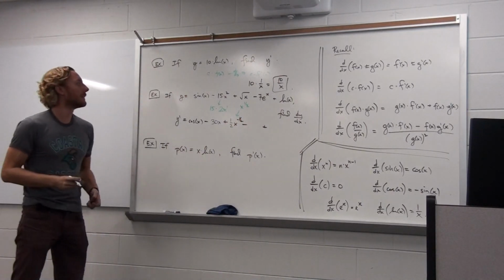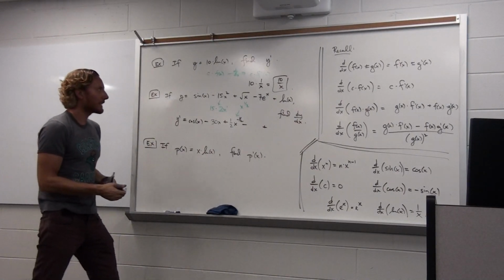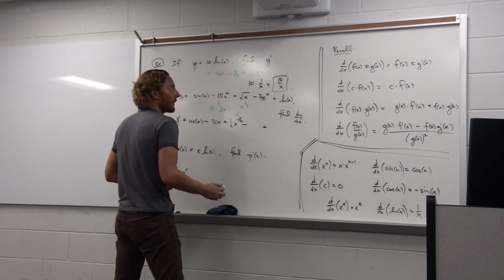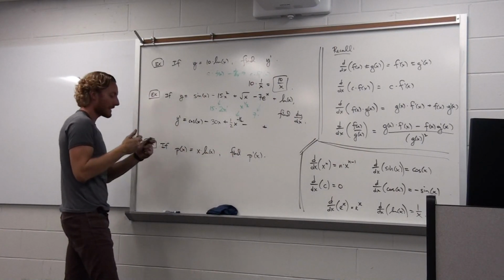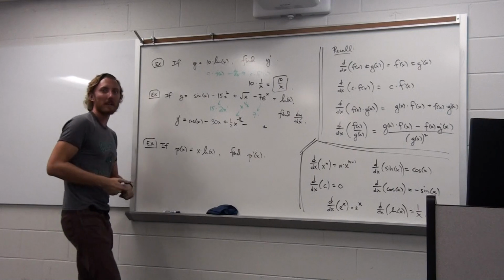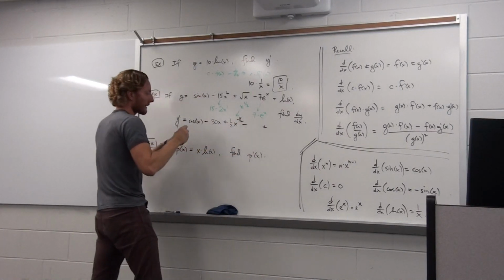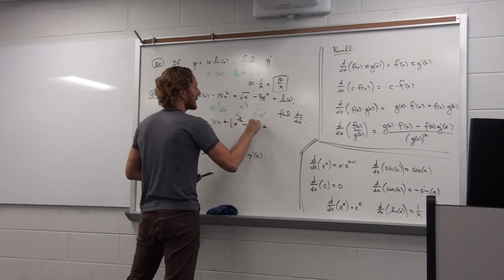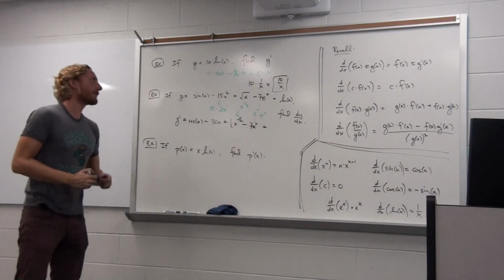There we go. What about this 7e to the x? Well, you know 7e to the x is just a constant times the function e to the x, so the derivative of this is just going to be 7 times whatever the derivative of e to the x is, but the derivative of e to the x is just e to the x. So here we've got 7e to the x. And finally, plus ln x. What is the derivative of ln x?